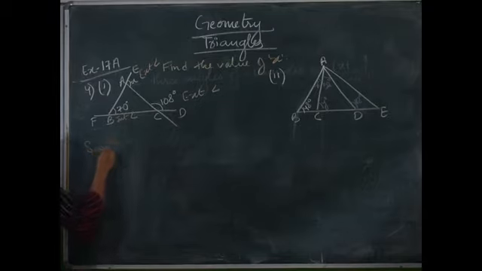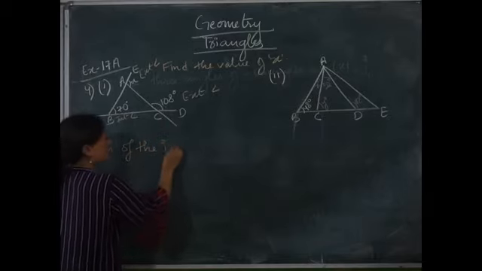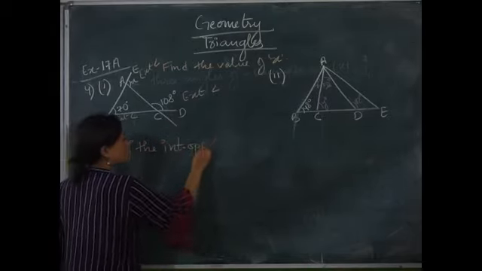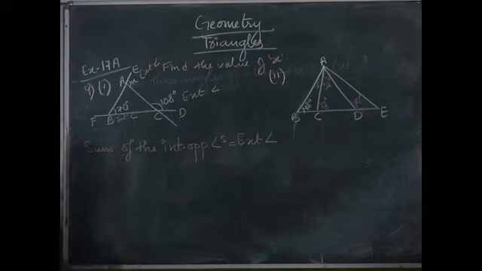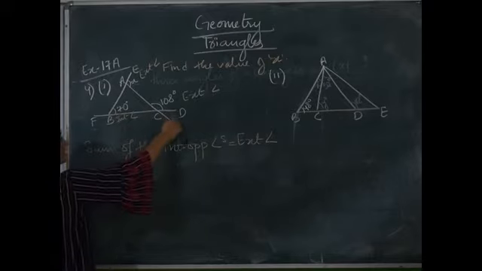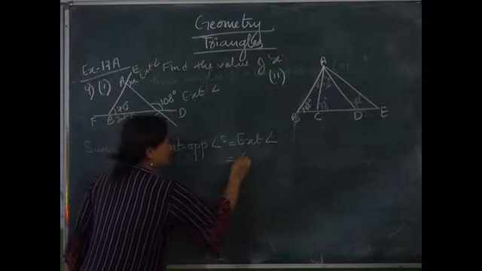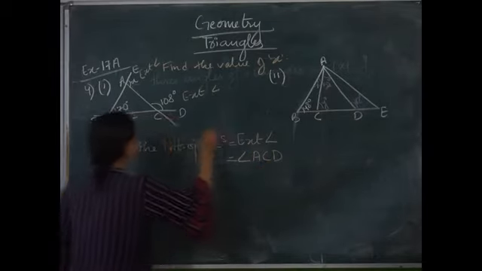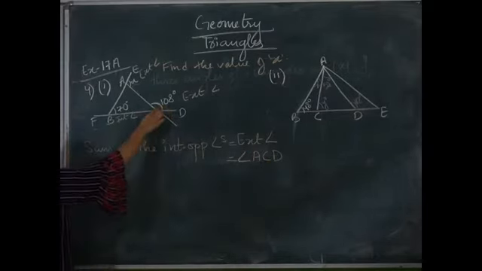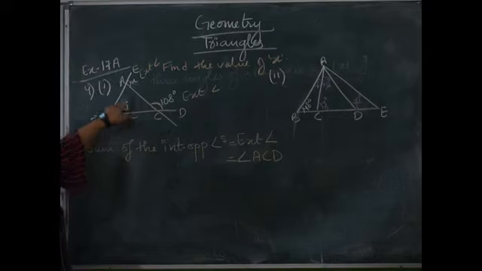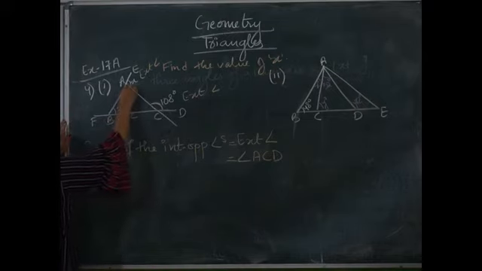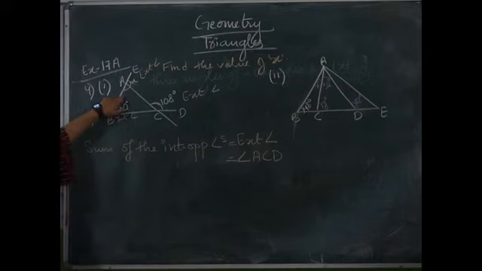Since in the previous class we have done that the sum of the interior opposite angles is equal to your exterior angle. And which interior angles are we going to take? We're going to take this ACD. So your exterior angle is your ACD. If this is your exterior angle, then which ones would be the interior opposite? It would be this and this angle.